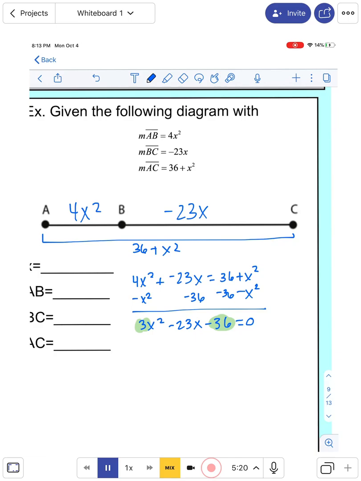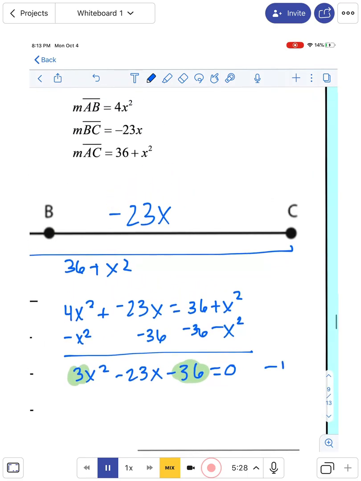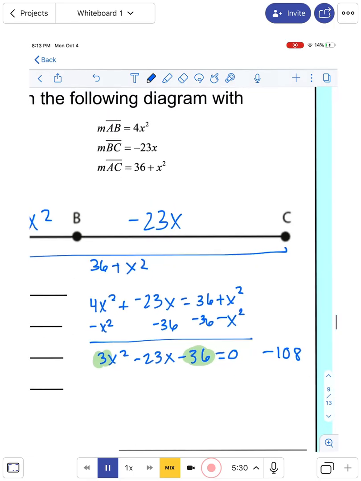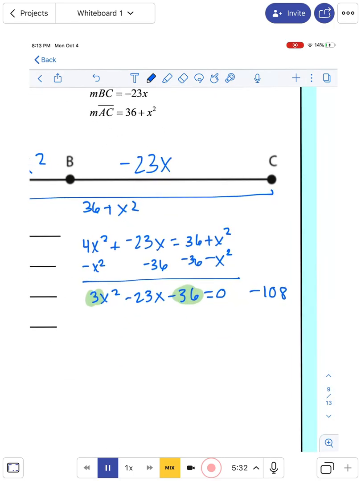So 3 times negative 36 is negative 108. And then I want factors of negative 108 that add to be negative 23. And that's negative 27 and 4. I'm going to use those two values to rewrite my middle term.